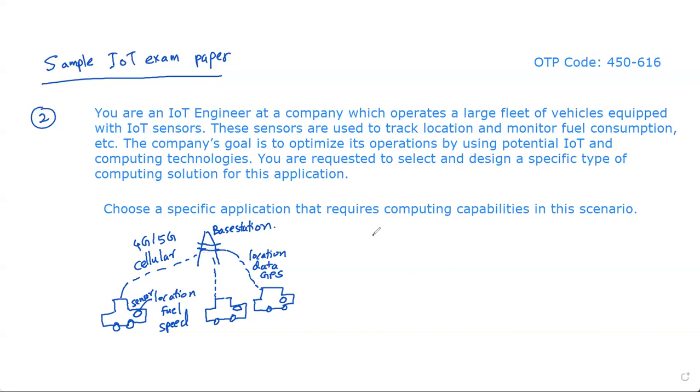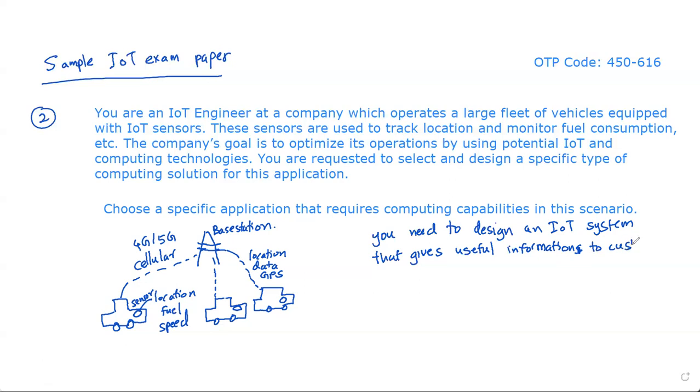So in this question, you need to design an IoT system that incorporates one of the computing technologies, that gives useful information to the customers who are connected to this network and who are using some service.